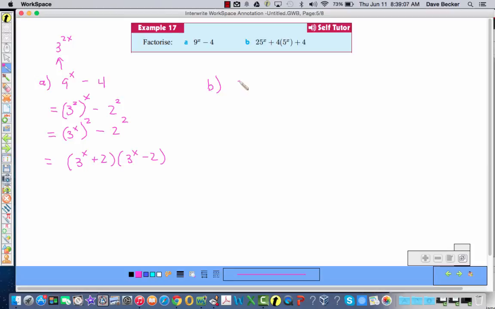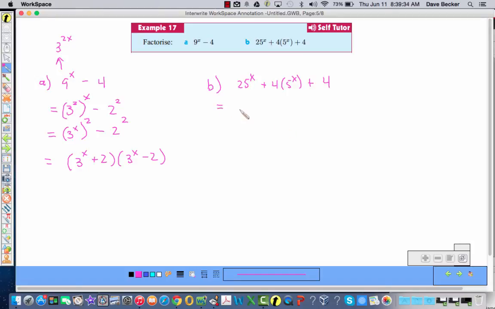All right. So here we go, 25 to the x plus 4 times 5 to the x plus 4. So we have a trinomial, and we're thinking of it as the product of two binomials whenever you have a trinomial. You just have to figure out what your variable is, okay?